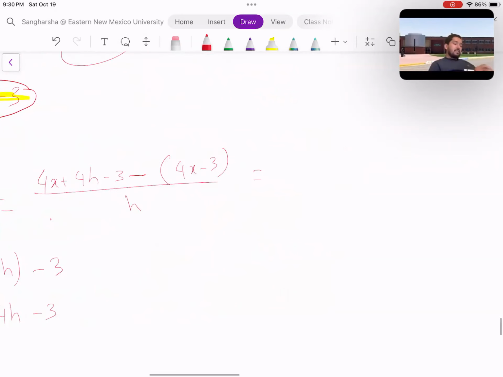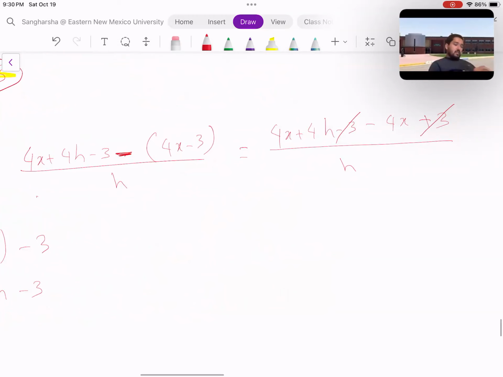Let's simplify this. 4x plus 4h minus 3, distribute negative. Negative times positive 4x, negative 4x, negative times negative 3, positive 3, divided by h. Now positive 3, negative 3 gone, and positive 4x, negative 4x gone. So we have positive 4h divided by h, and h is gone. We have 4 as a final answer.